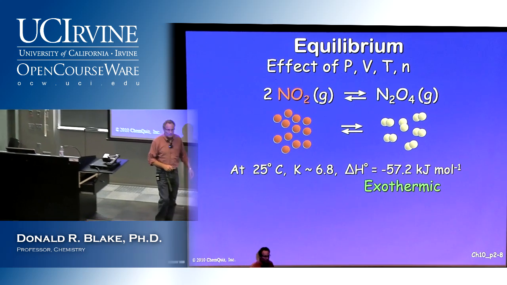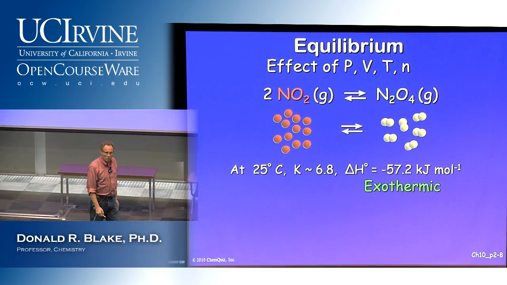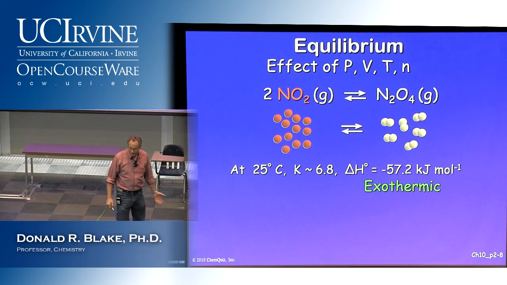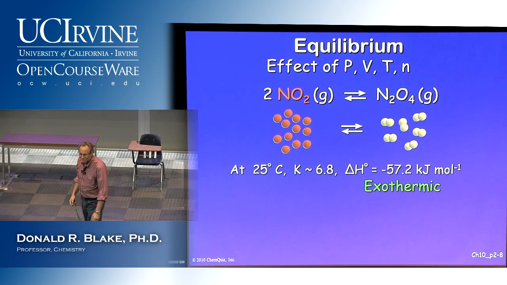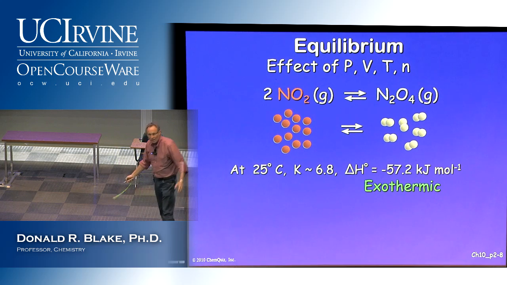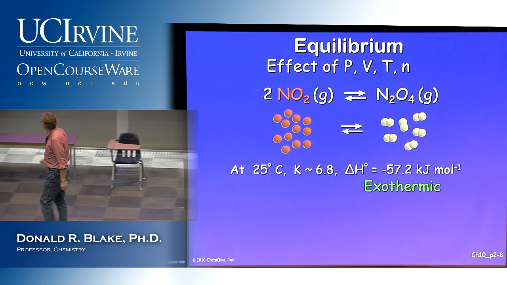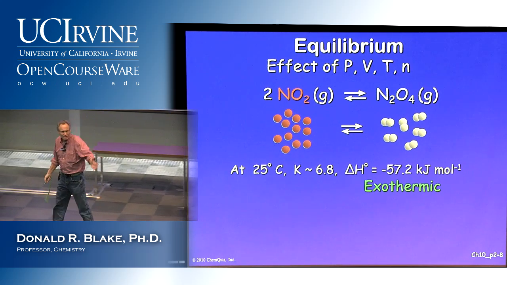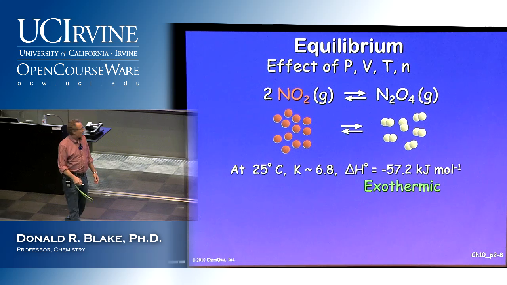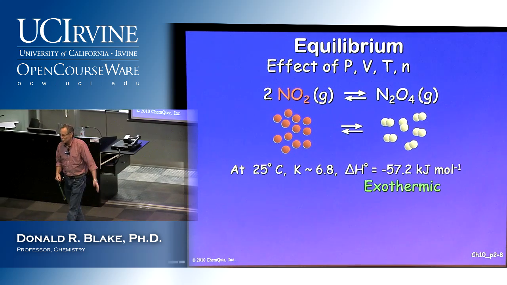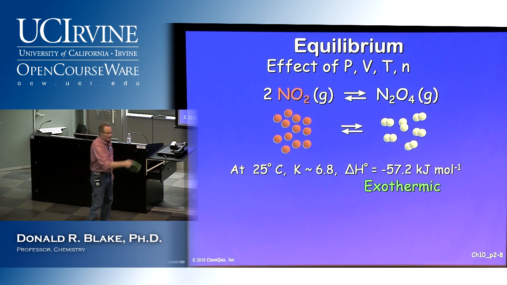What if I want it to go this direction, and it's exothermic? What do I have to do? Cool it down. Oh, exothermic, what am I saying? Heat it up. So it's exothermic. If I heat it up, it goes this direction, right? Wait a second, I was right the first time. Exothermic means it gives off energy, it gets hotter, so if I add heat, it comes back to the left.